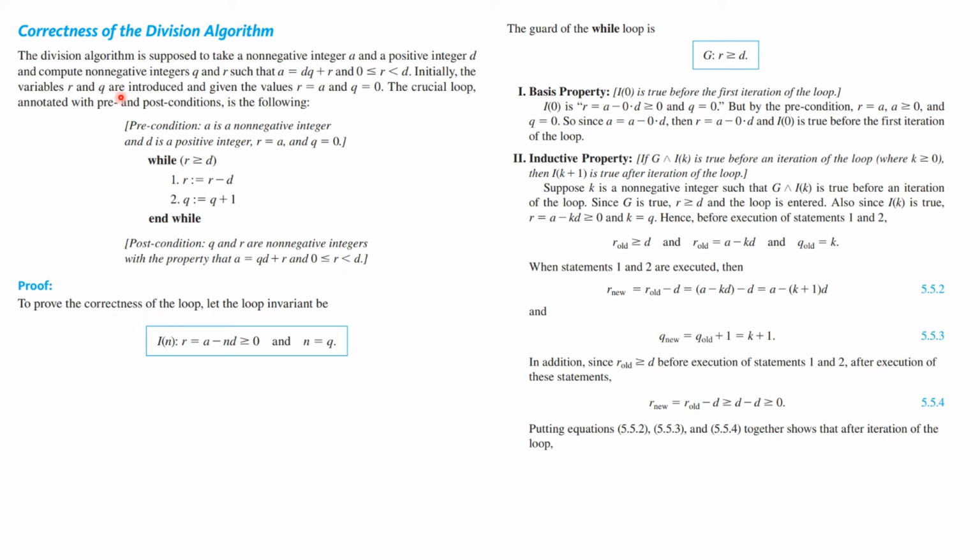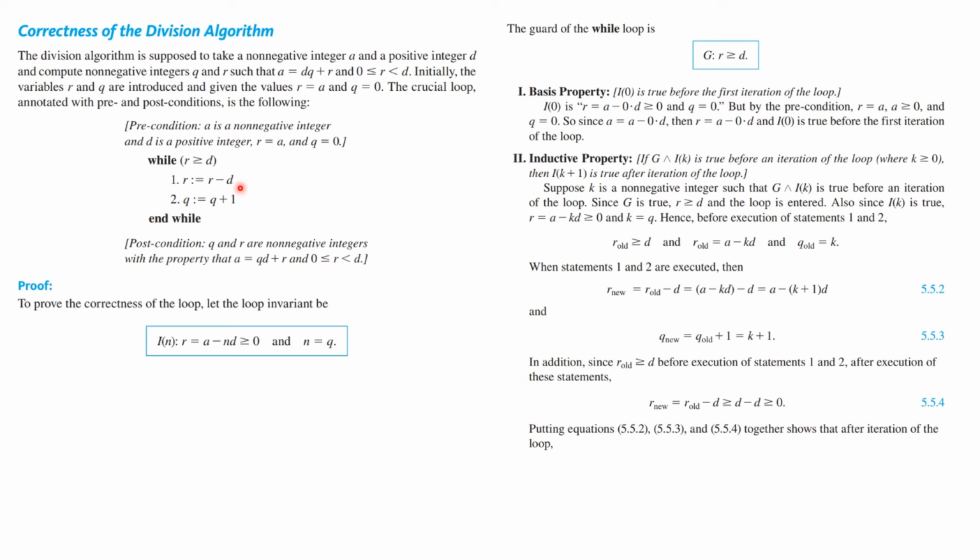Okay, and so here's the loop that we have. We have a precondition. While r is greater than or equal to d, you see we stop whenever the remainder is less than d. In the same way that multiplication was repeated addition, division is repeated subtraction.